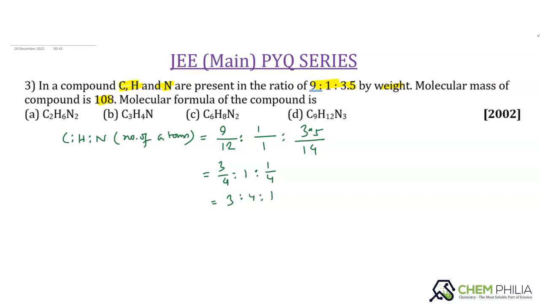3 is to 4 is to 1, which means the empirical formula is C3H4N. This is the empirical formula. So if empirical formula is C3H4N, it means empirical formula mass is equal to what?